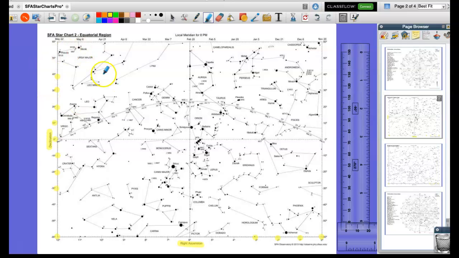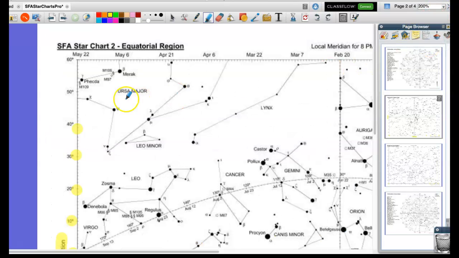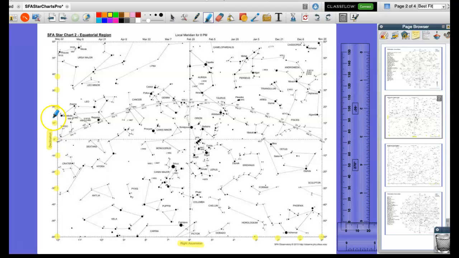If we're north of the celestial equator, we're at positive degrees, and that's what the little symbol next to it is. If we zoom in, it's probably too fuzzy to see, but it's a degree symbol next to those.